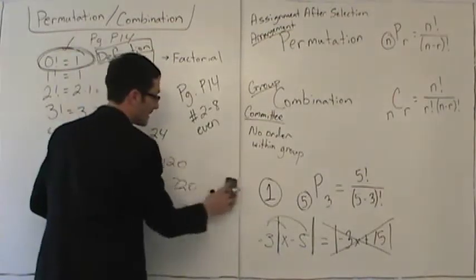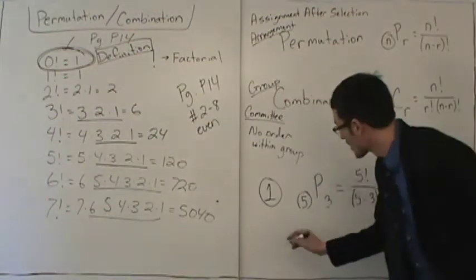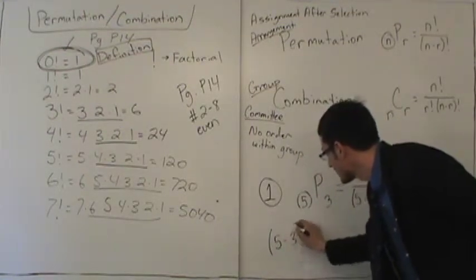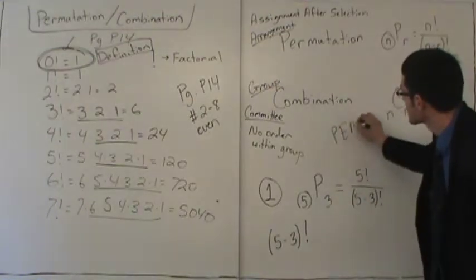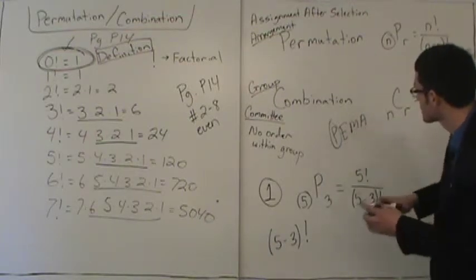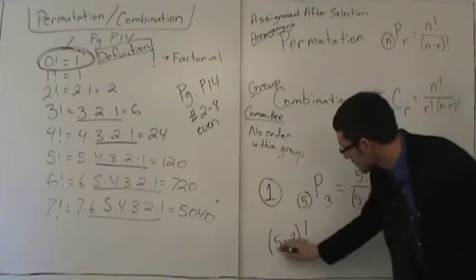Let me show you why. Maybe you guys can see why. I'll show you what is correct. Quantity 5 minus 3 factorial. Please excuse my dear aunt Sally says that we do parentheses first, exponents second, multiplication third, addition last. We do parentheses first. So we're going to do 5 minus 3.